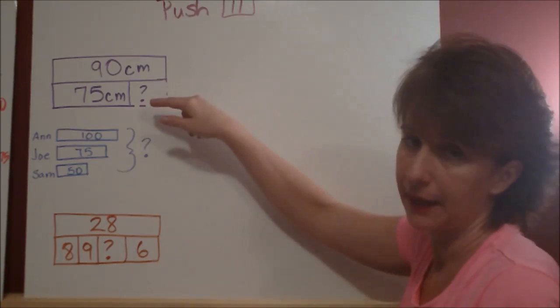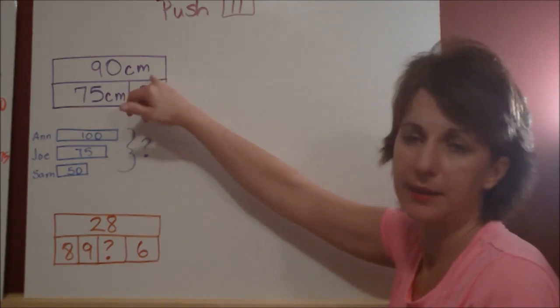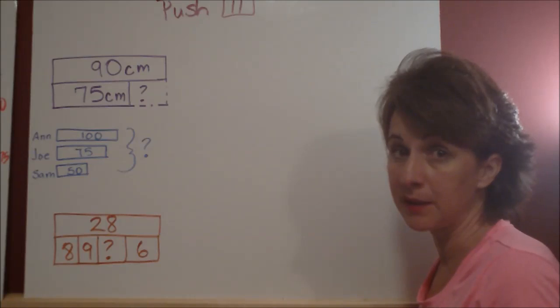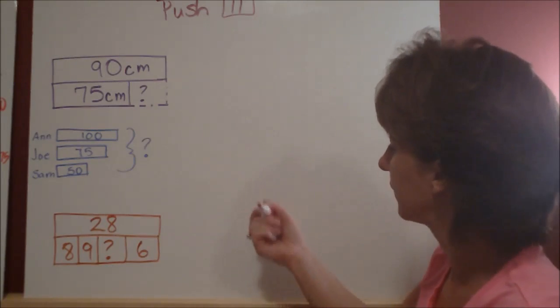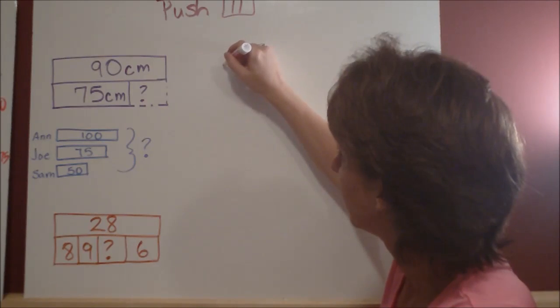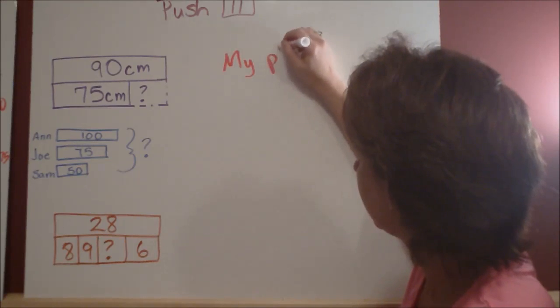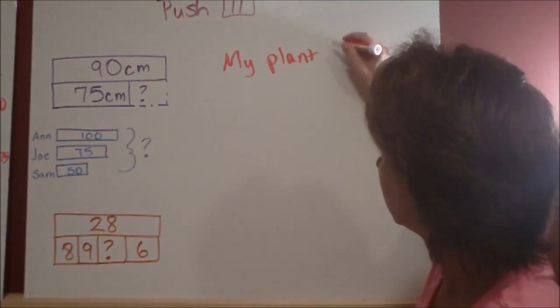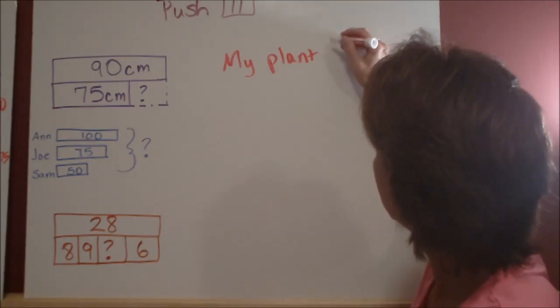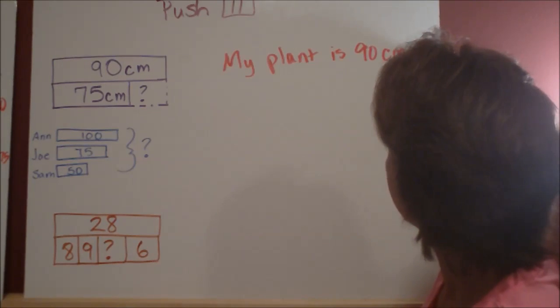Looking at this diagram, I know the total, and cm is centimeters, so something is 90 centimeters. You may say, my plant is 90 centimeters.